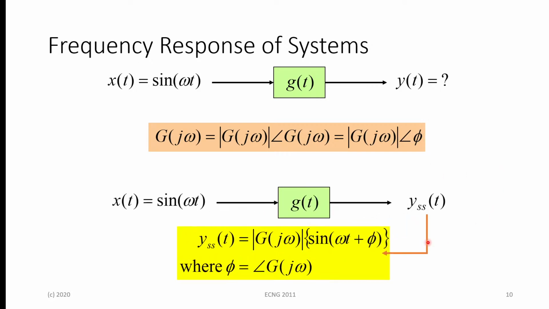So for evaluating the steady state value y ss of t, we take the magnitude of g j omega and factor in our phase for sine omega t. Your phase here maps to the angle of g j omega.